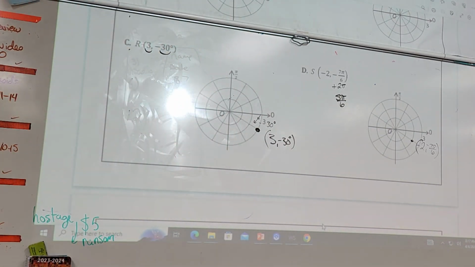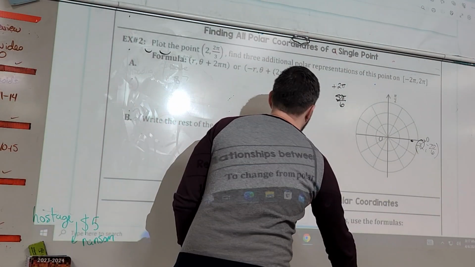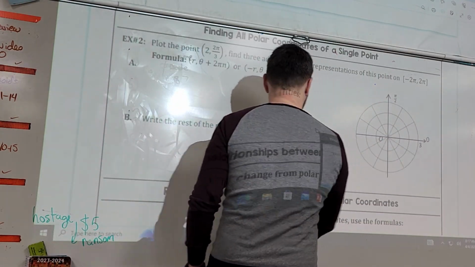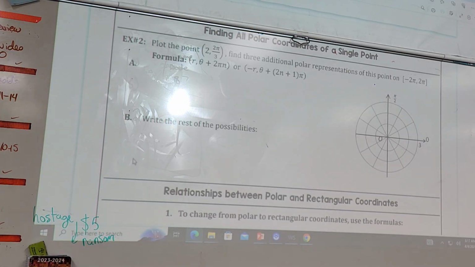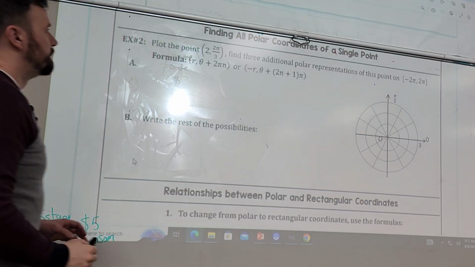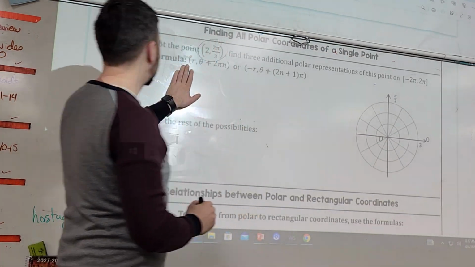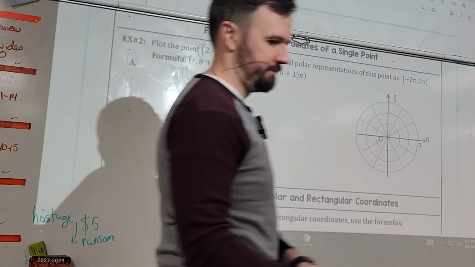All right, let's do some more. All right, let's plot this beast. So here's the point, and they want us to find multiple ways I could write that point.